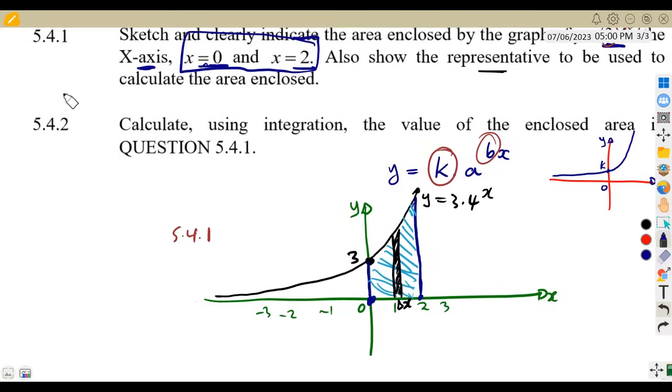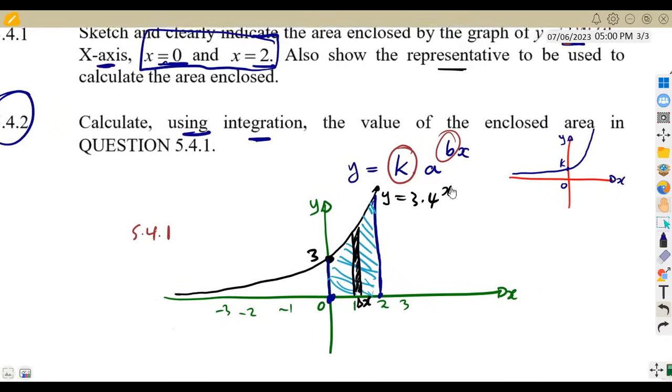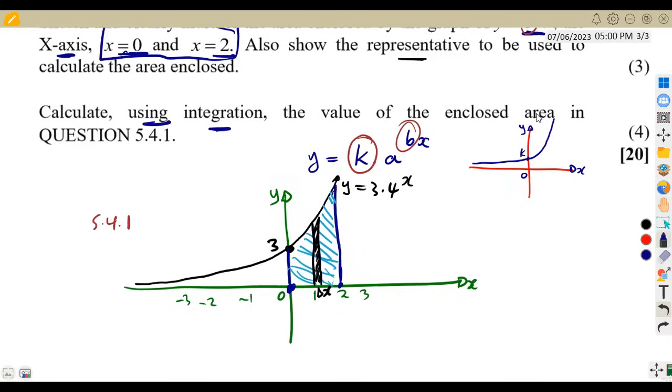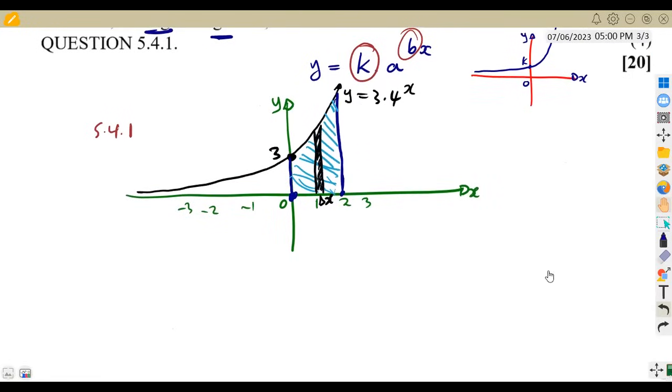Then 5.42 was to calculate using integration now the value of the enclosed area. We're talking about area enclosed. Enclosed between what? The graph and the x-axis. That is where we are limited or where we are bound. All right. So like I said, area, guys, is direct. Area is simply the integral with respect to x. So that's 5.42, where our area with respect to x is going to be the integral of y with respect to x taken from a to b, which is our limit.